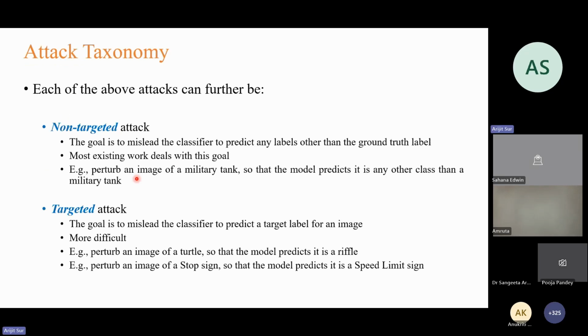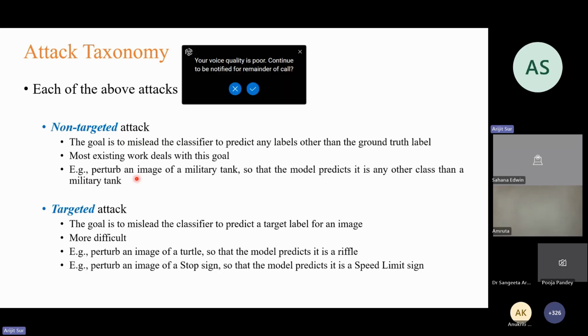Another very important nomenclature is non-targeted and targeted. Most attacks are non-targeted.